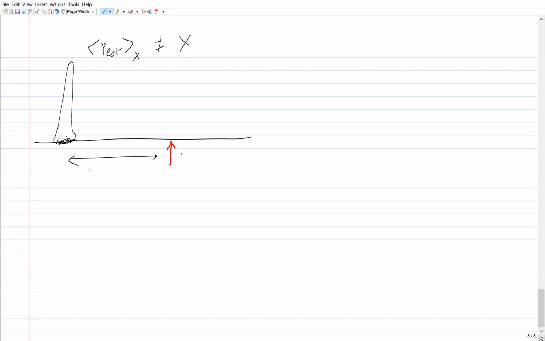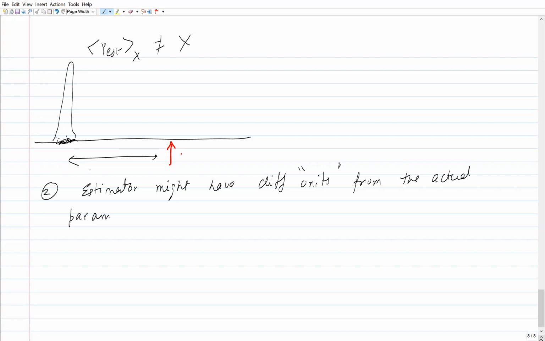It's a really simple fix. The other thing we need to fix is that the estimator might have different units from the actual parameter that one needs to measure.